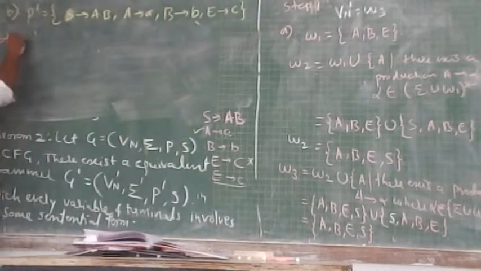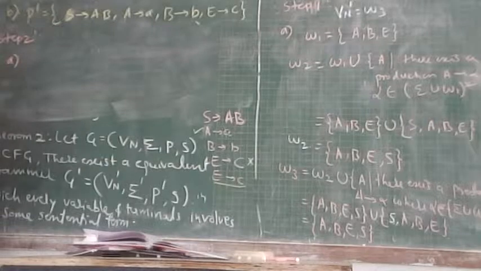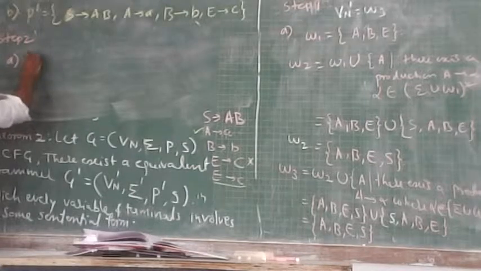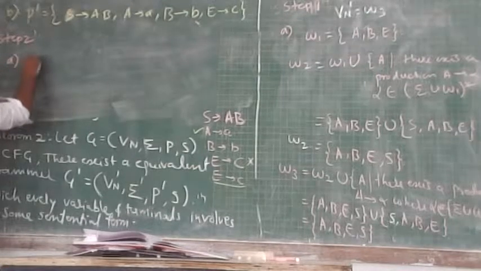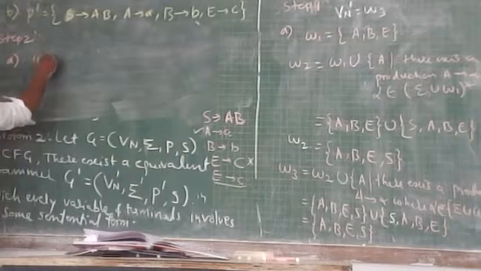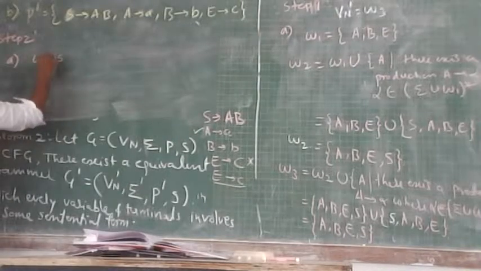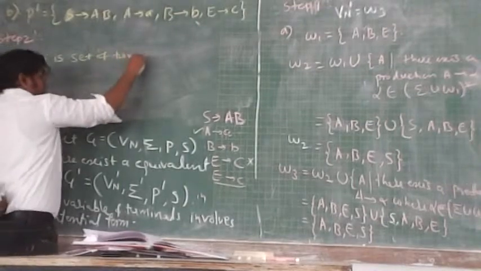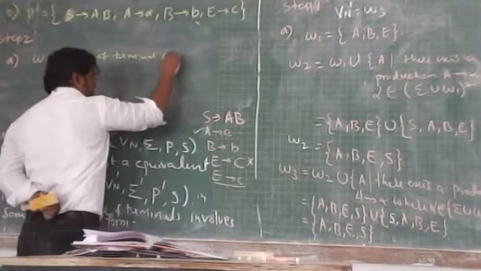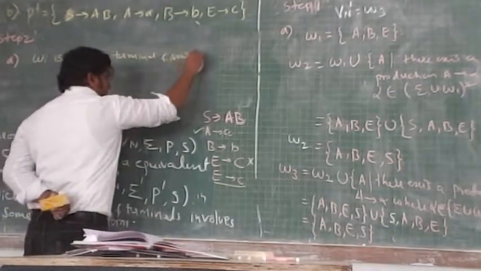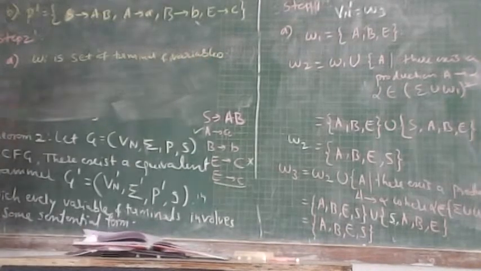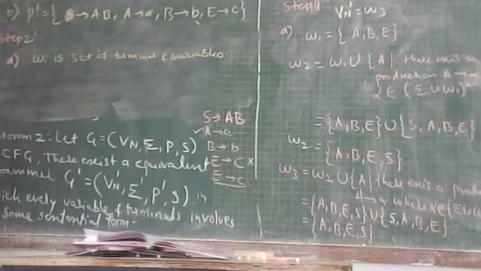Step 2. In this, I am calculating Wi, a set of terminals and variables. In the previous step, I considered Wi as only variables, okay?